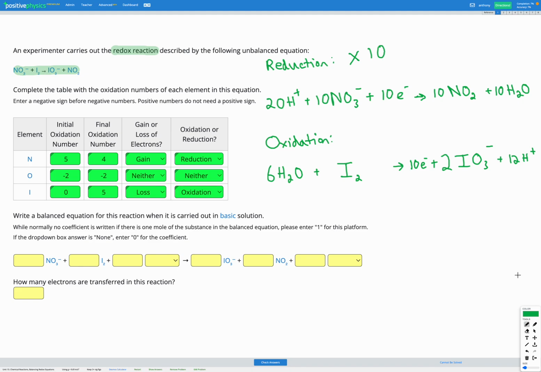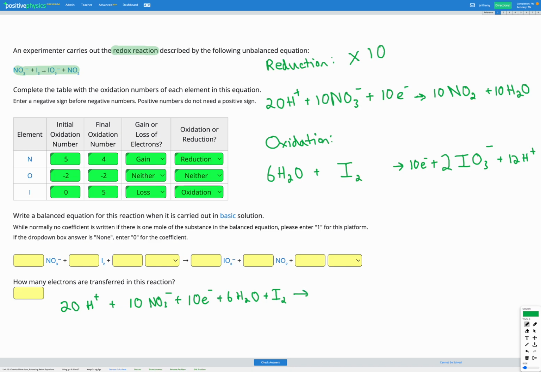I'm going to write this down at the bottom where I've got a bit more room. So on the left-hand side for our reduction equation, we have 20H plus and we have 10 NO3 minus and we have 10 e minus. On the left-hand side of the oxidation equation, we have 6H2O and an I2.